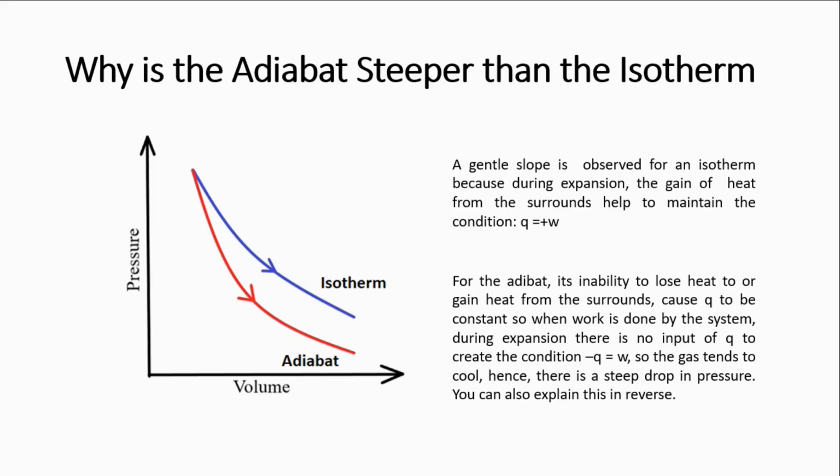So the isothermal system, right, under isothermal conditions, the gas is expanding, that is, it is doing work, and therefore it is using up its internal energy. However, that which it is using up is being replaced continuously by the input of heat energy. So any energy lost as a result of doing work is being replaced by the input of heat energy.